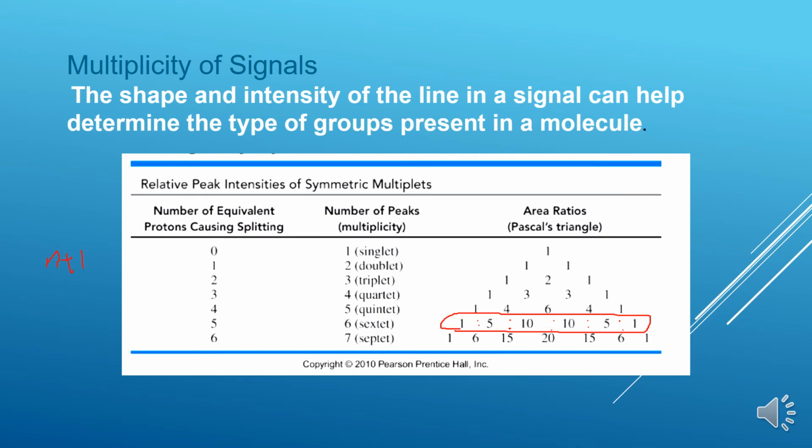To construct this Pascal triangle, we must follow certain rules. Start with 1 at the top. Then continue placing the numbers below it in a triangular fashion.